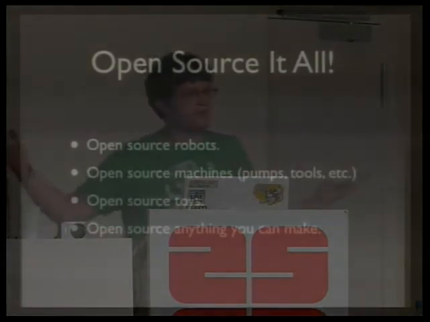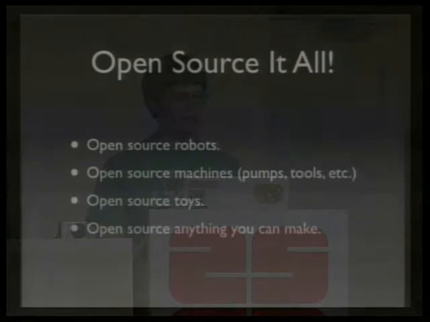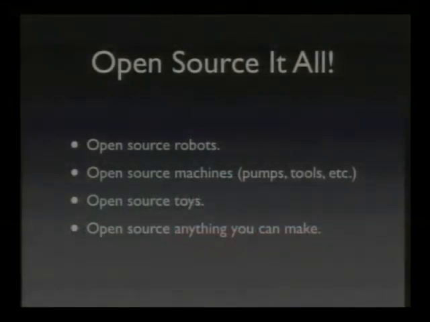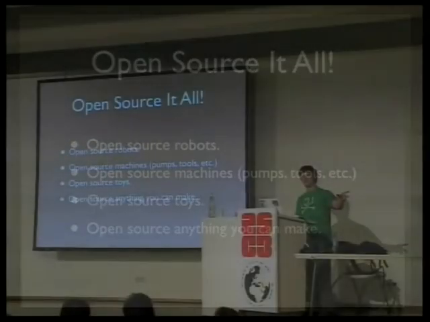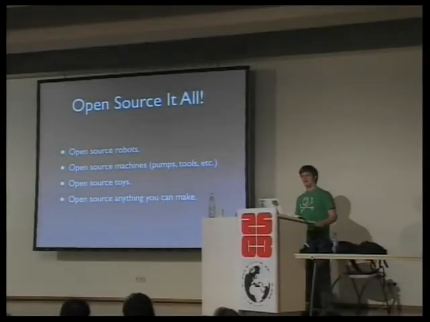Another cool implication, and the one I'm really pretty psyched about, is that you can open source everything. You can open source the software, you can open source the hardware, and I believe that there's going to be a gigantic proliferation of open source hardware projects once we have this shared platform that you can use to build these things. Because if you make a design and you share it on the internet, other people need to have the same tools that you're using in order to build that design.